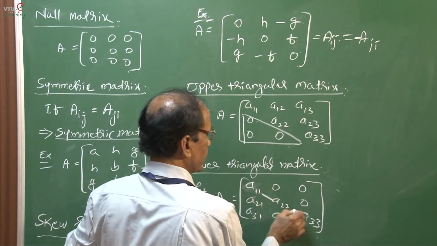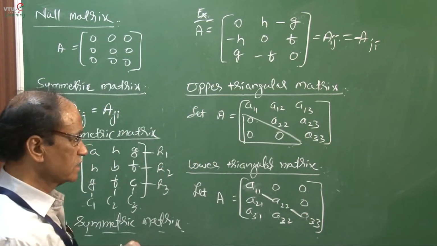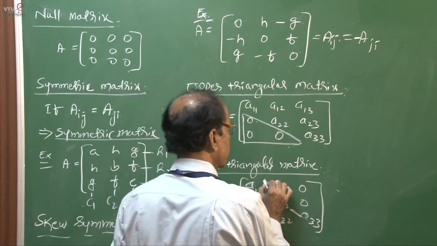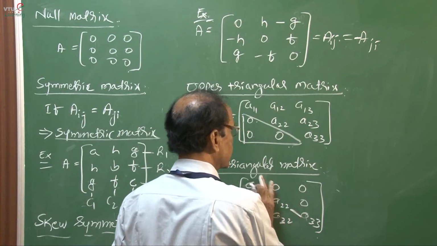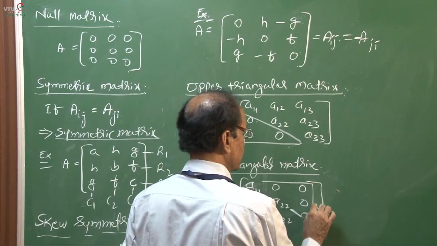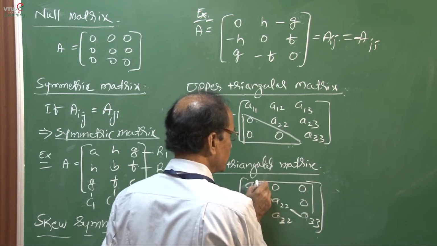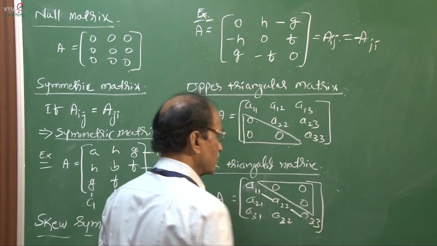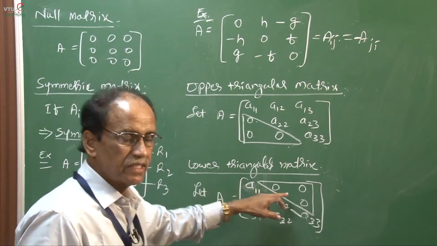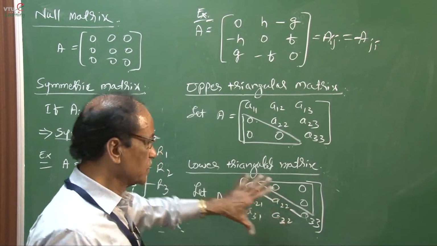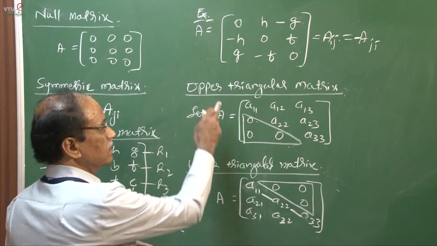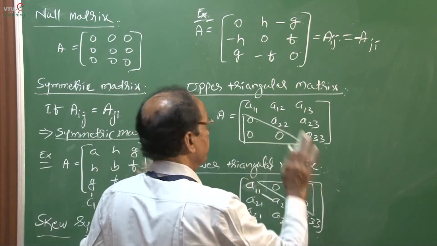This type of square matrix is called lower triangular matrix. That means lower triangular means the elements above the principal diagonal are 0. This is called lower triangular and this is called upper triangular matrix.